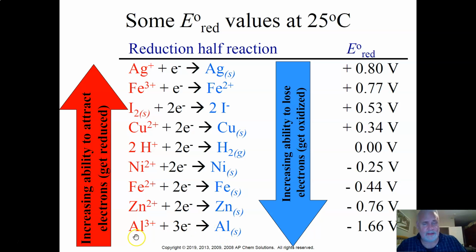But if you flip this one on the bottom here and said solid aluminum turning into aluminum ion and 3 electrons, that would be a plus 1.6, and it's very good at oxidation. But again, they always give these numbers as reduction potentials. In the back of your book, there's a page called Standard Reduction Potentials. We'll use this list, and as you will on the AP exam.